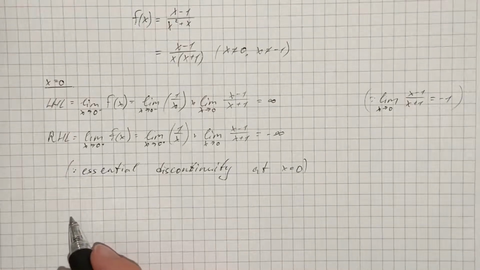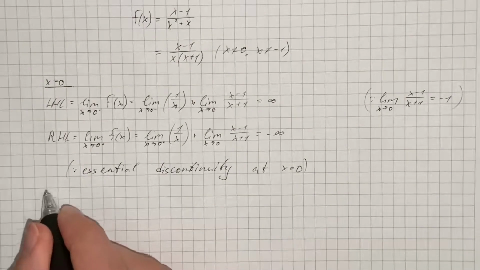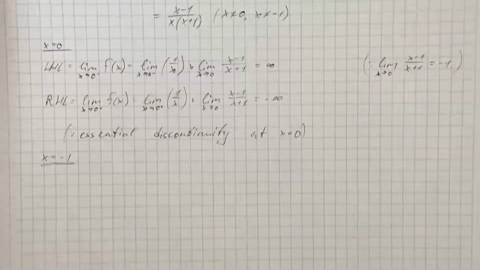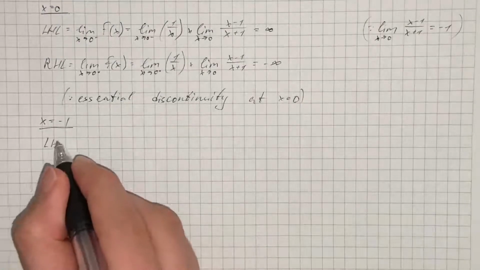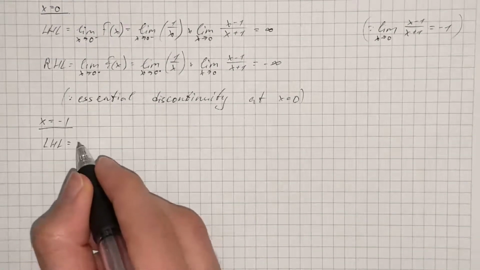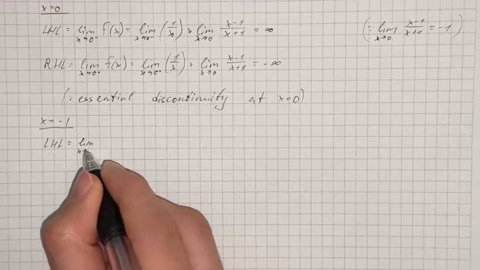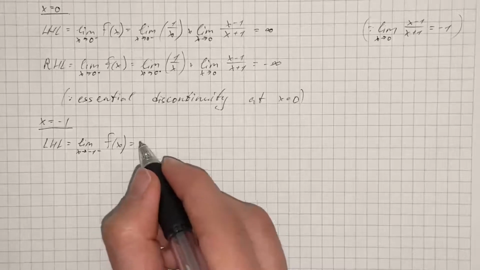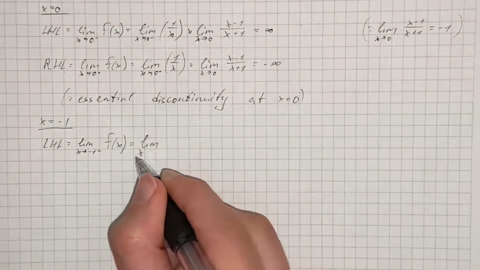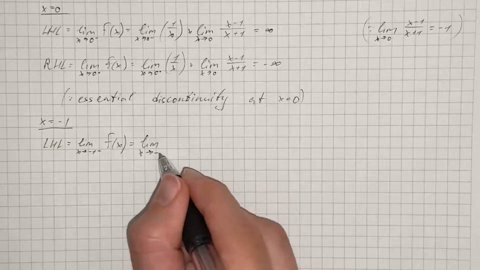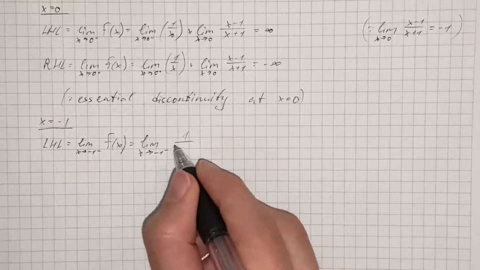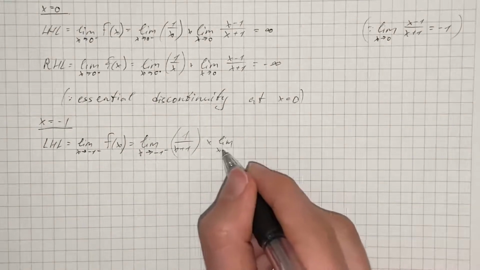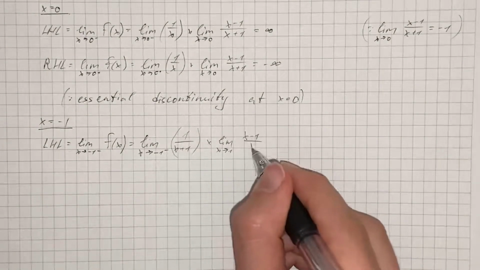And now we're going to analyze the discontinuity at x equals -1. So that's the left hand limit, which equals the limit as x approaches -1 minus of f of x, and we can rewrite this as the limit as x approaches -1 minus of 1 over (x plus 1) times the limit as x approaches -1 of (x minus 1) over x.